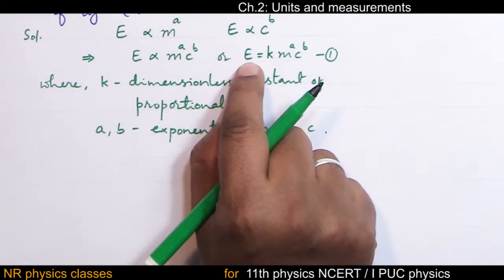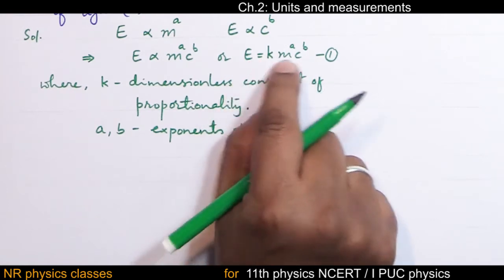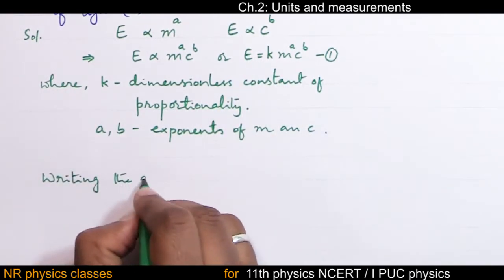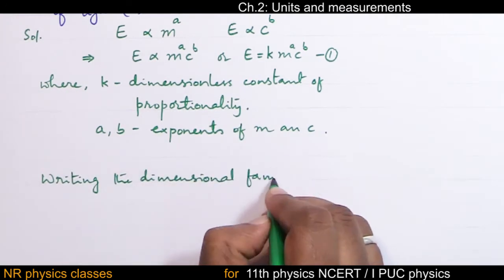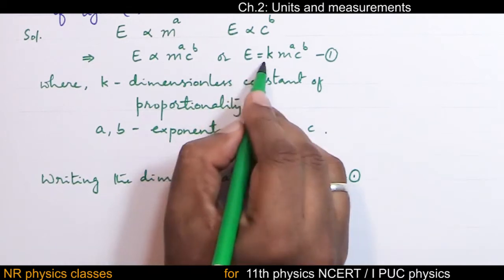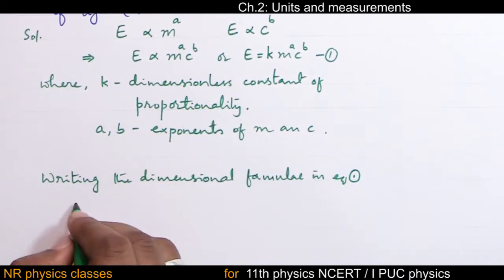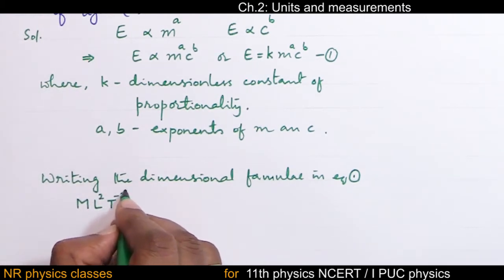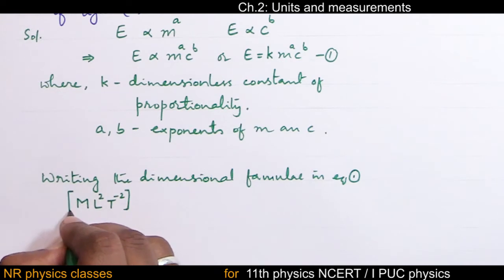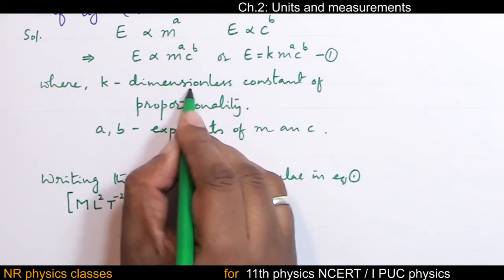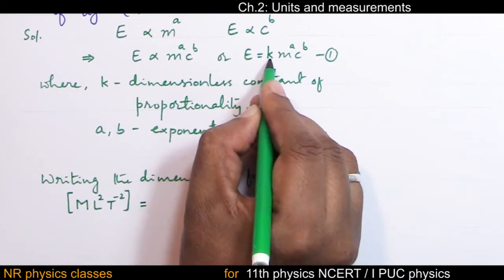Now let me write the dimensional formula for equation 1. Energy is M L^2 T^-2, equal to K is a dimensionless constant, so it is just a number.